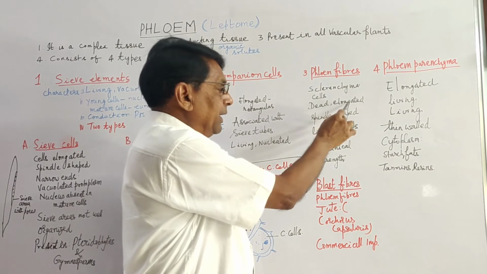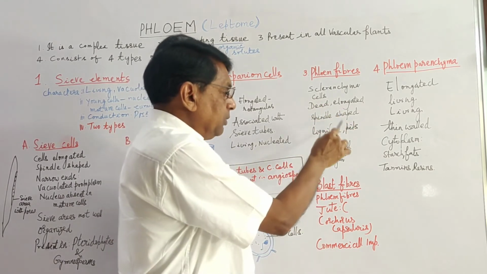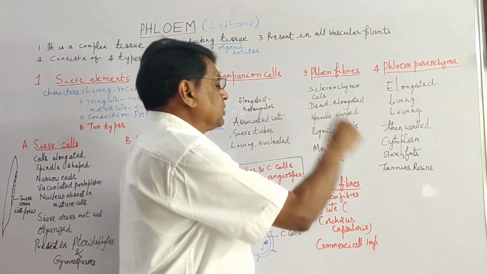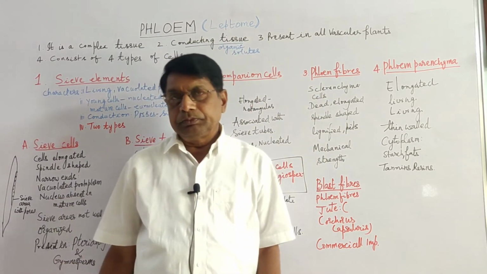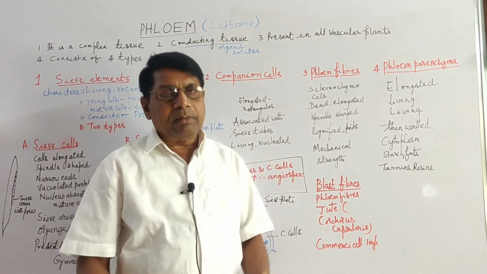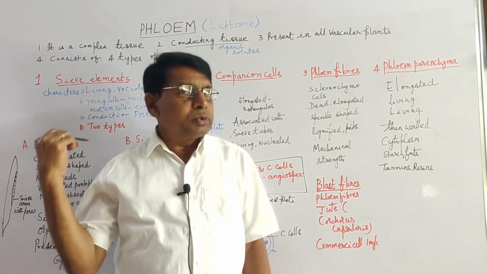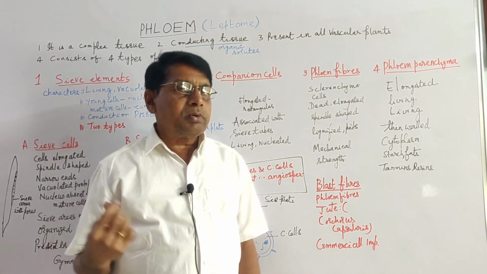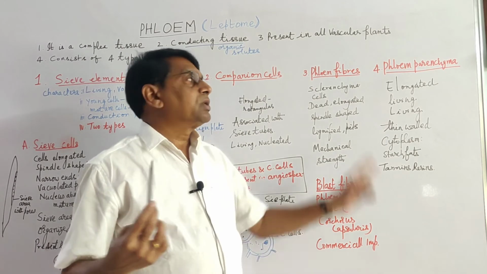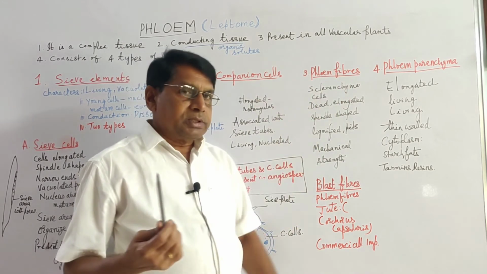Sclerenchyma cells: dead, elongated, spindle-shaped, lignified, pits present, and they provide the mechanical strength. Parenchyma cells never provide the mechanical strength. Even sieve tubes do not provide it. So, in order to provide the mechanical strength, phloem fibers are present.